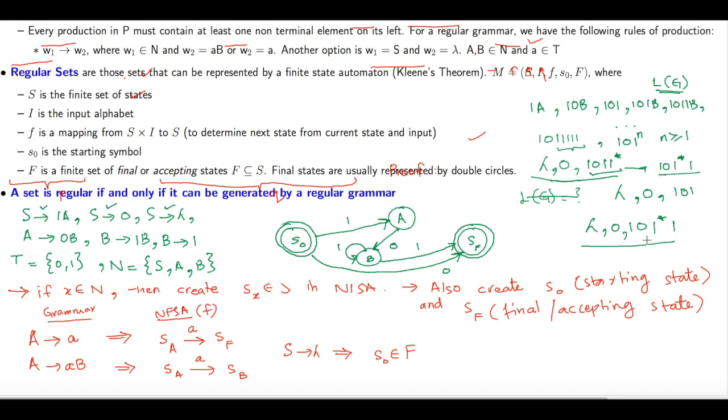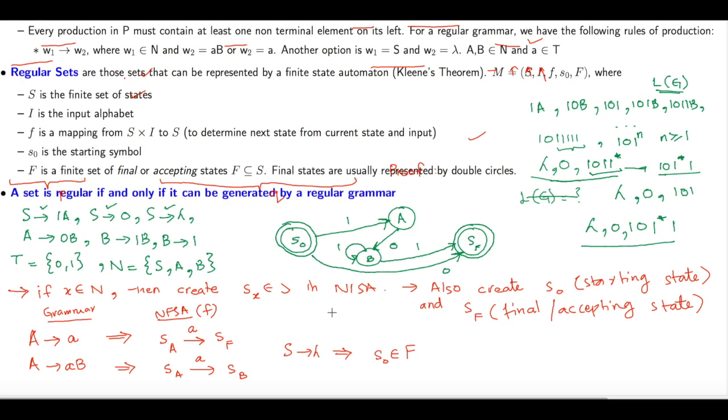In other words, what we have shown is that if we draw our non-deterministic finite state automaton using these rules from a regular grammar, we will always be able to draw it. And when we are always able to draw it, this means that we will always end up with a regular set. So this is this part of the proof.